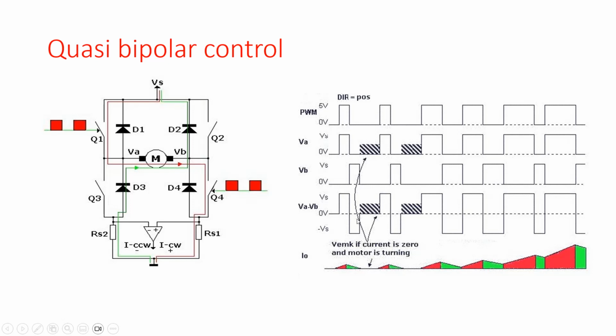In that case we have a voltage across the motor which depends on the back EMF voltage. So again, the quasi-bipolar control has a non-linear operation when the PWM value is low. That is the main disadvantage of quasi-bipolar control, that it's also a non-linear topology.